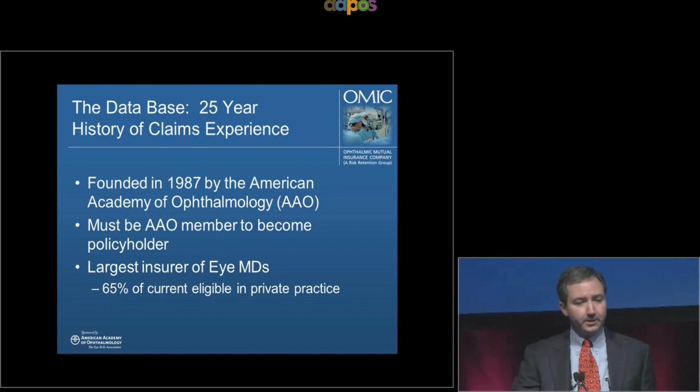If you're in an academic setting, you're generally going to have your professional liability insurance through the academic institution or hospital system that you're employed by. But OMIC is the largest insurer of ophthalmologists, 65% of those currently eligible in private practice.